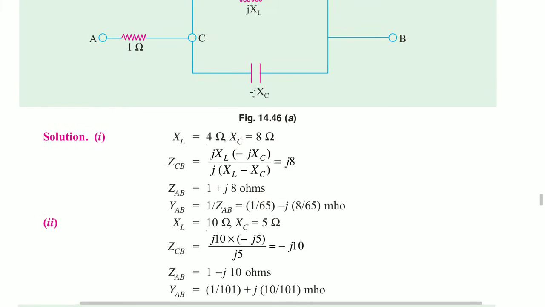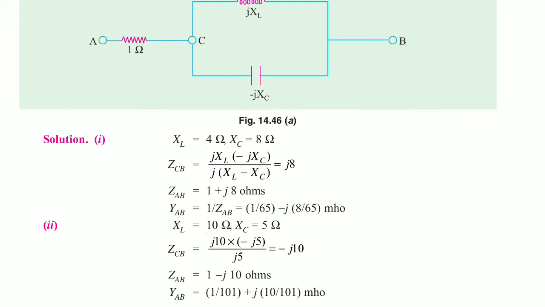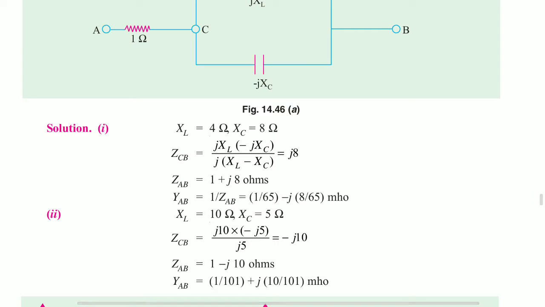Now YAB, the admittance of the AB branch, that is equal to 1 by ZAB, which is 1 by 65 minus j8 by 65 mhos.